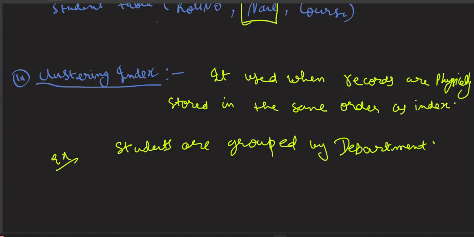So the last indexing, which is the fourth, is the dense and sparse index. Let me write down the definition first for the dense index.